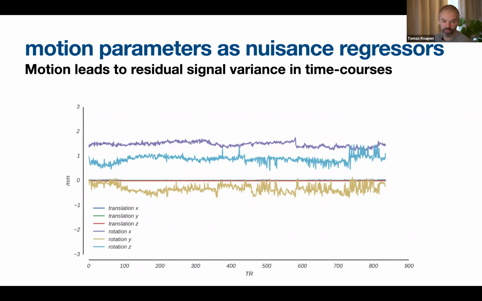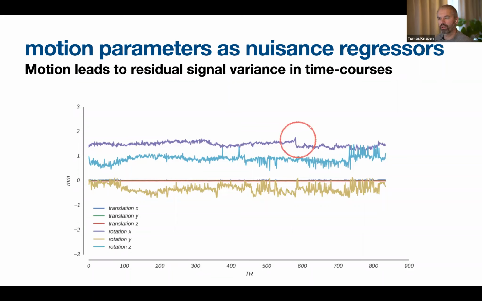So we find beta weights for each of these, but we're not interested in them as such, right? We don't want to know whether a voxel responds to motion to the right. Who cares, right? Motion of the head to the right, that is, not on the screen or whatever. That's not really important. But if the voxel has signals that are explained by this, you don't want to see that variance in the residuals. You want to capture it and throw it away. Clear?